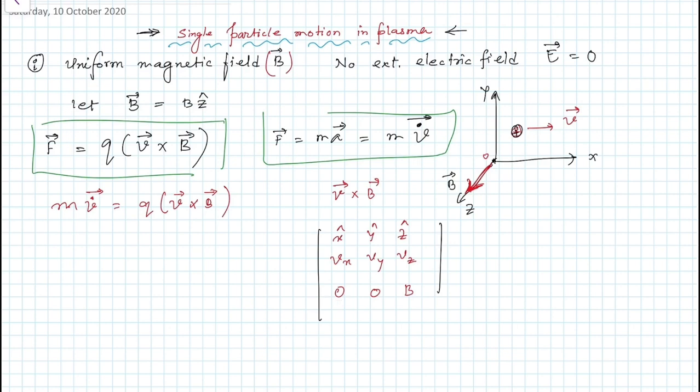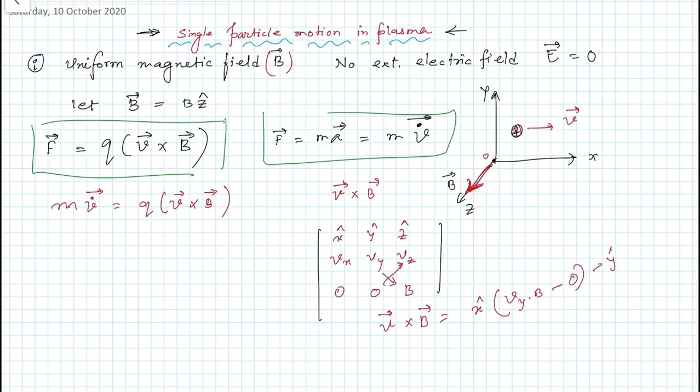Okay, so now calculate v cross B here. That will be equal to x cap, then vy into B, minus 0 into vz, which is 0.